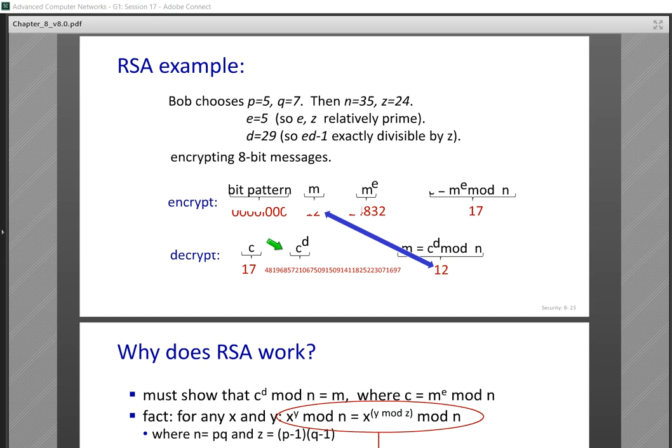And as I note, C should be raised to the power of D. And finally, find the mode of N. During this process, when I'm trying to calculate C to the power of D, you can see that the output is a number that is too large.